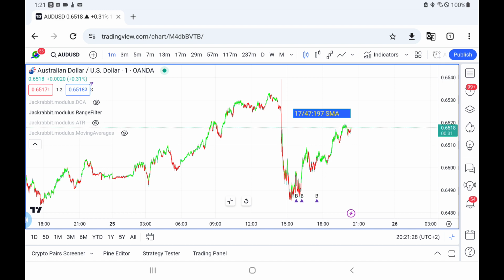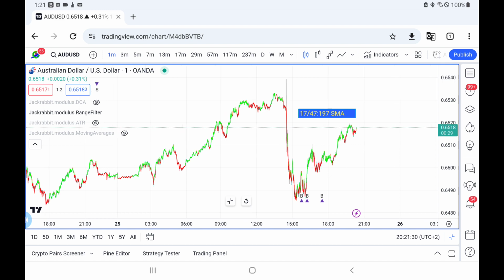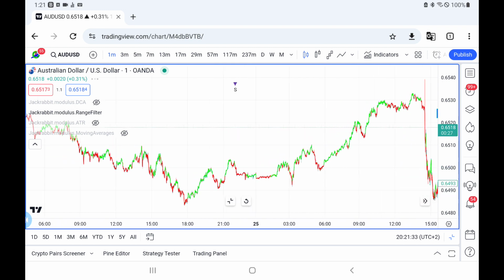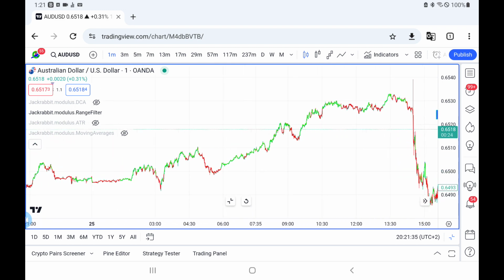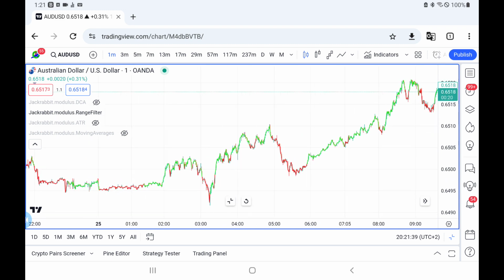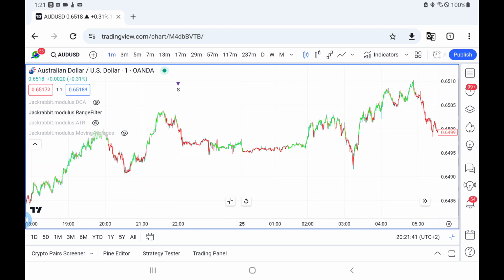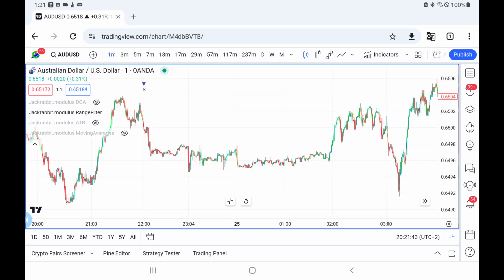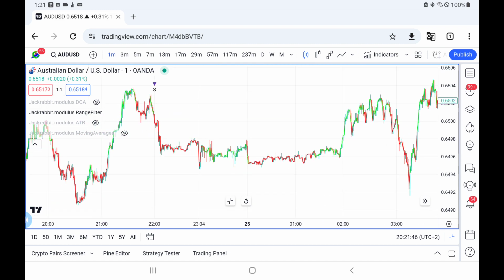Now the range filter strategy is quite interesting, as we can see from the chart. It actually looks for very critical points where the moving averages line up and the range of the market also lines up, as we can see here.